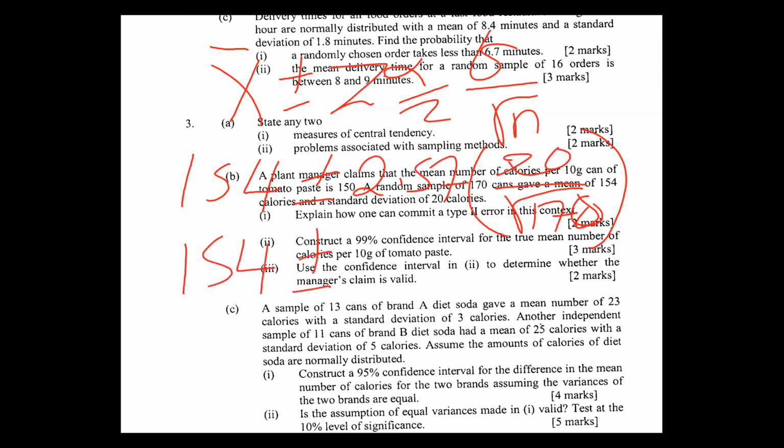Okay, let's start from 20 divided by the square root of 170. From your calculators, I don't have a calculator where I am. 20 divided by the square root of 170, then that answer multiplied by 2.57 should give us that answer.